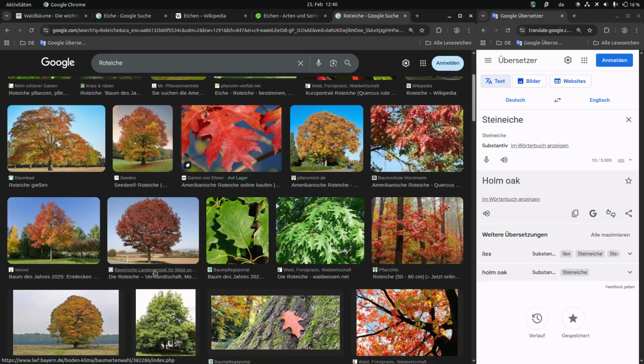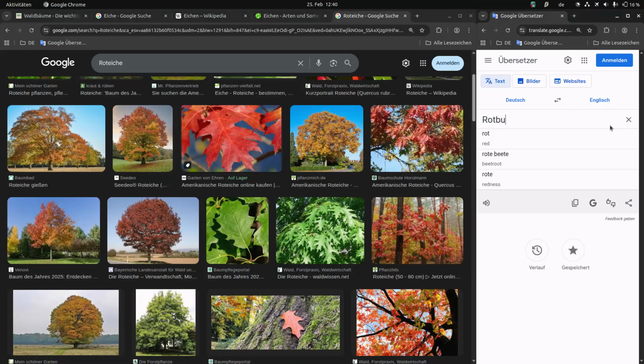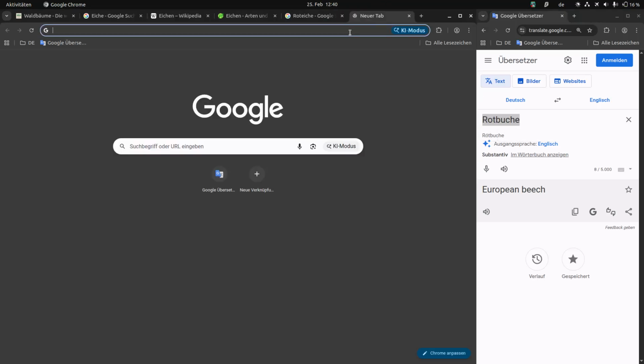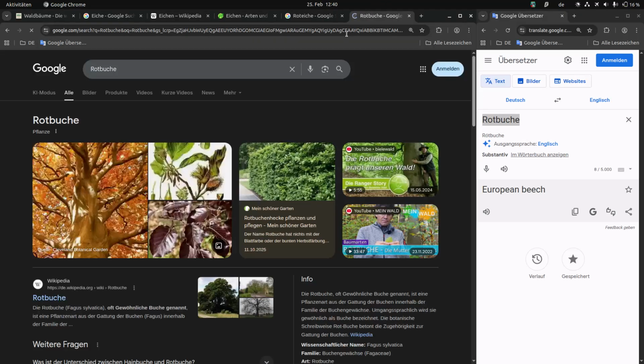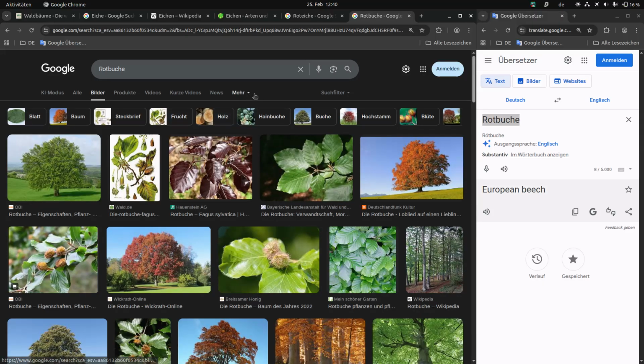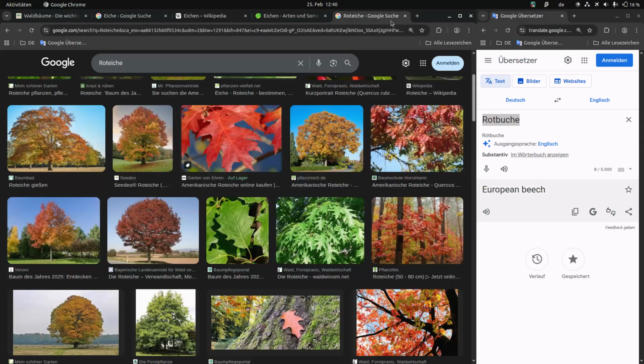And there is also this tree called Rotbuche, which I'm also gonna pull up, and I think it also turns red in autumn, which is why they both are called Rot, so red something.